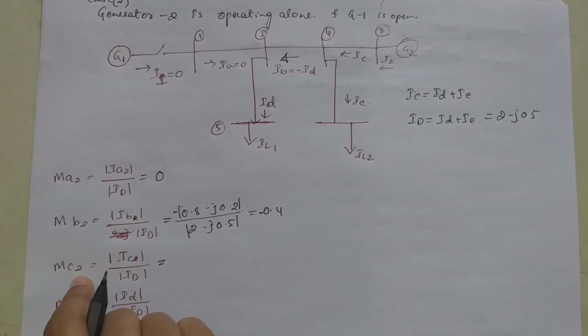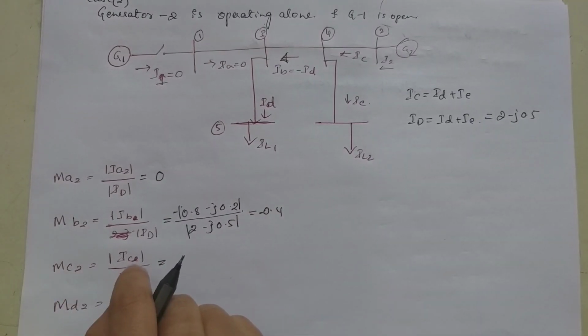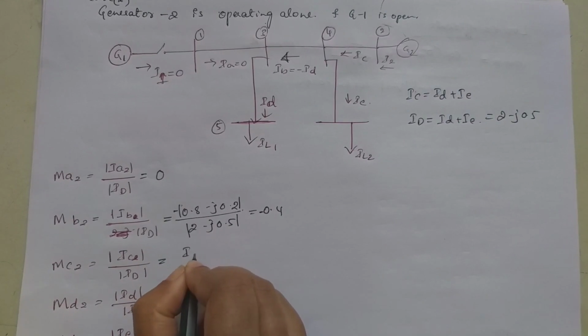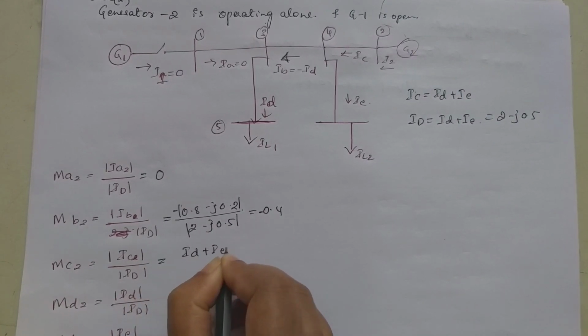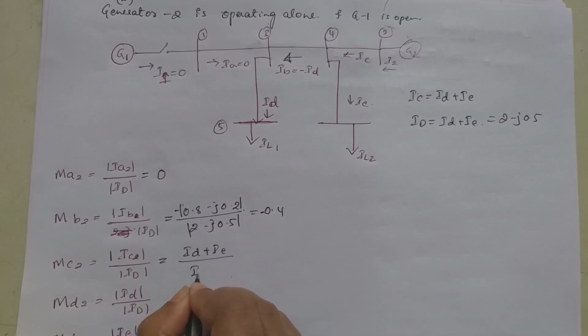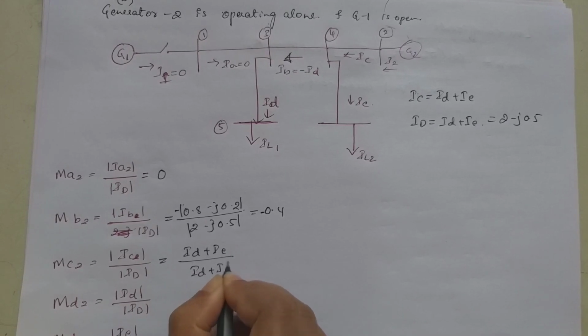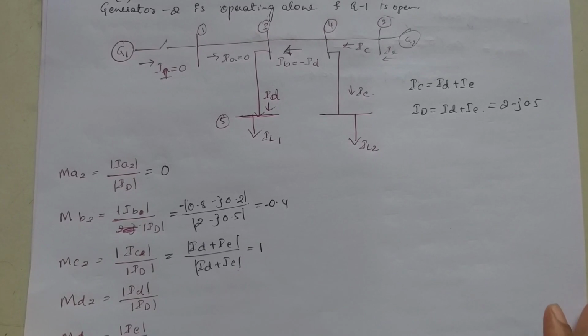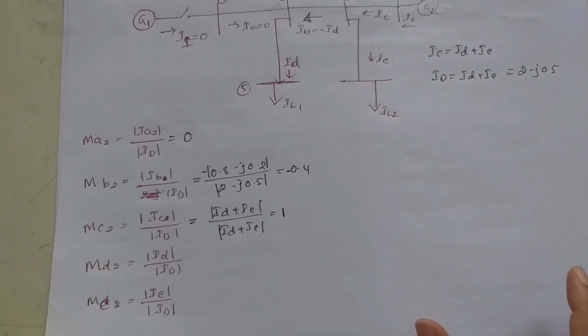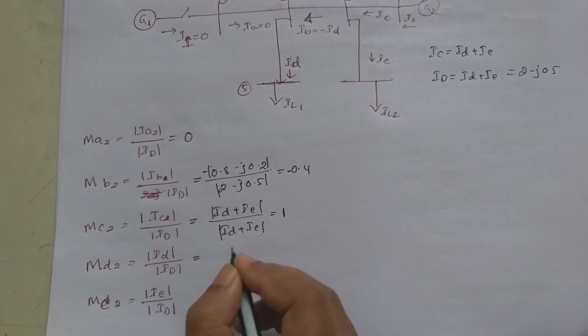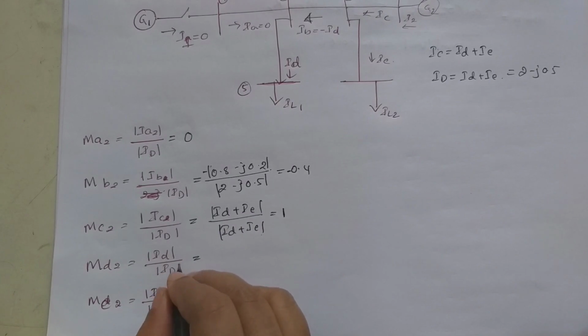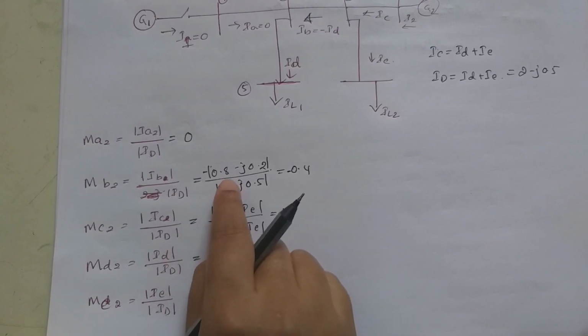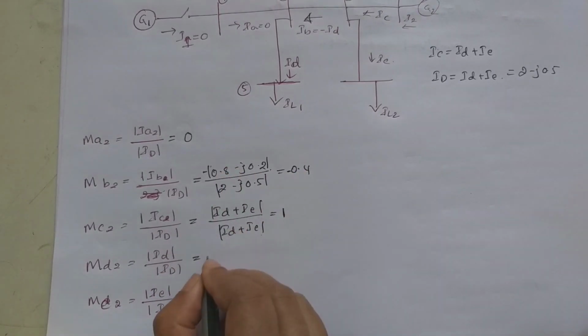Similarly, MC2 is equal to IC divided by ID. IC is ID plus IE, and ID is ID plus IE, magnitude of that, which is equal to 1. Similarly, MD2, which is ID divided by ID, is the same as this one, so it is 0.4.